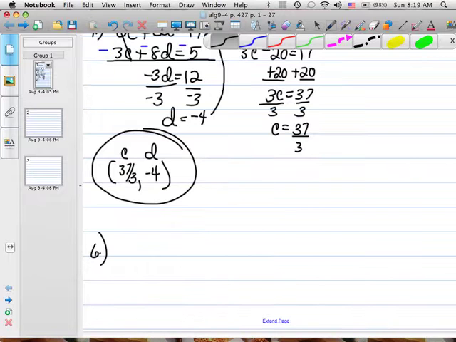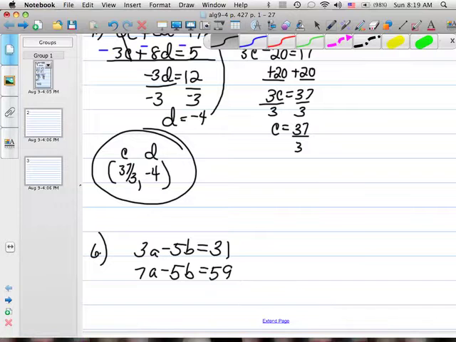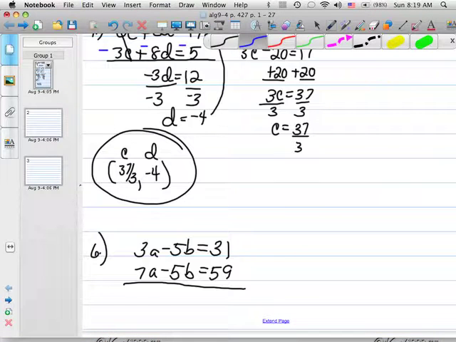Problem number 6, 3a minus 5b equals 31. 7a minus 5b equals 59 is our system. Finally, we have the same coefficient, 5, for b.